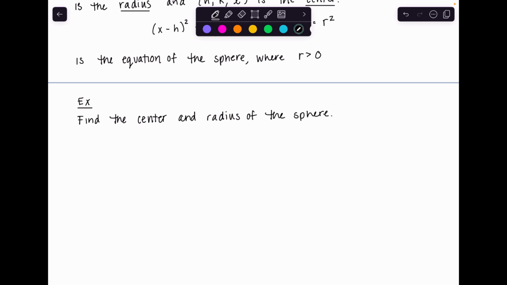And we're given the equation x squared plus y squared plus z squared plus 8x minus 6y plus 2z plus 17 equals 0.